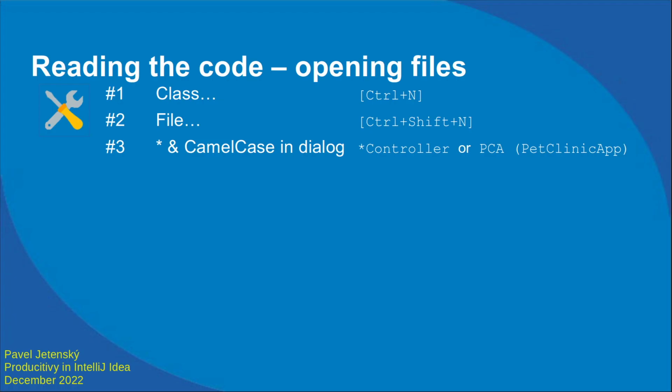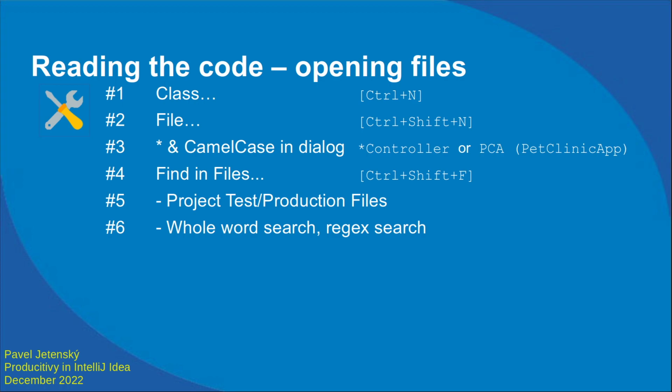What you probably are already using is the Find in Files command, which performs a full text search in a given directory or given project files. What is very nice is defining scope when searching for something.